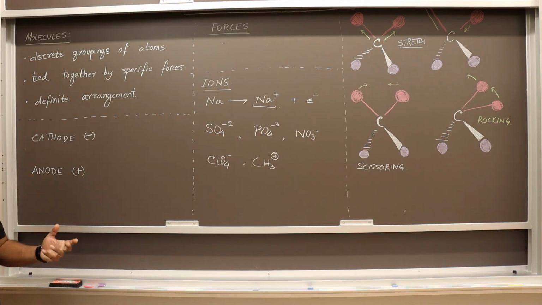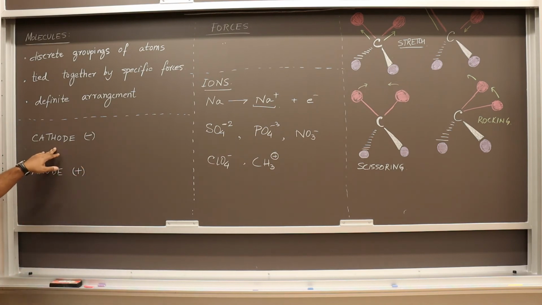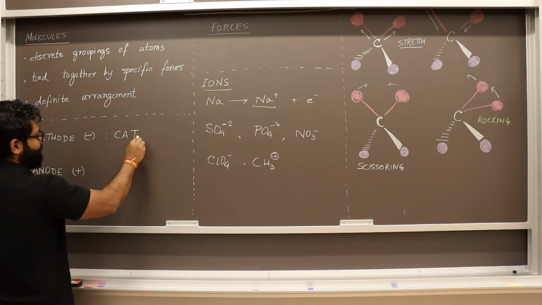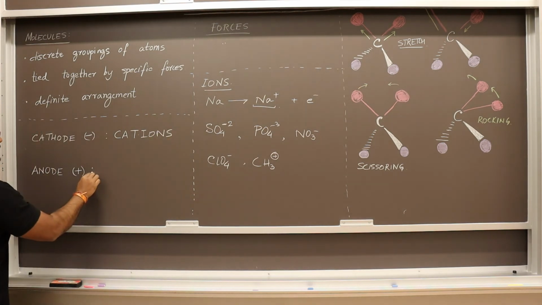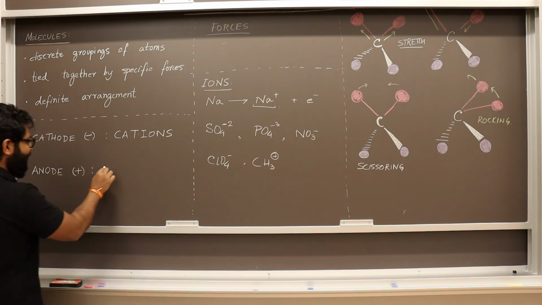All those ions that were moving closer, attracted by the cathode side, were called cations. So cations, like cathode ions, right? And the ions that were migrating towards and getting attracted by the anode, the positive terminal, were called anions.